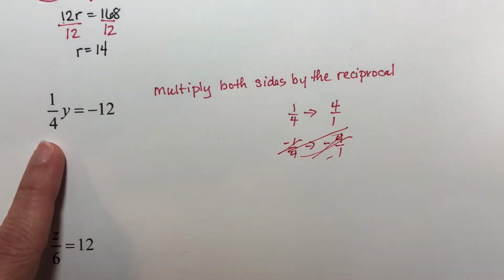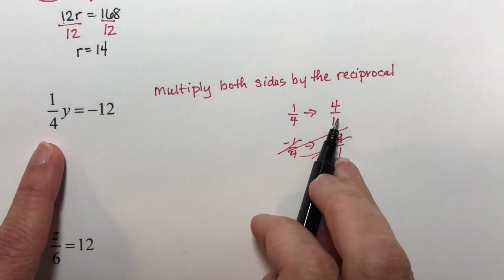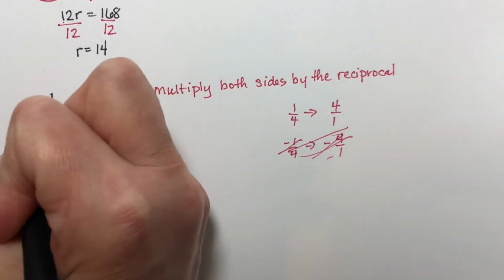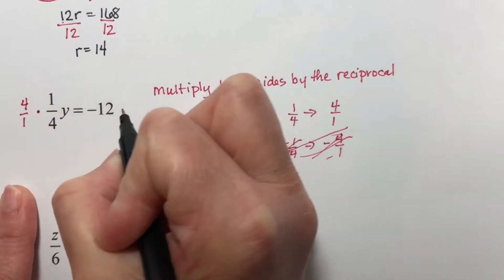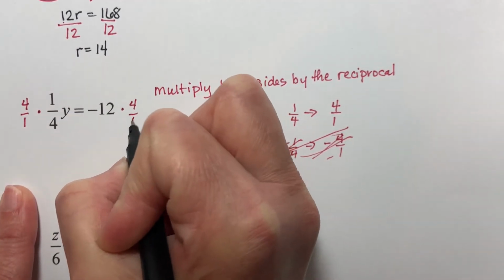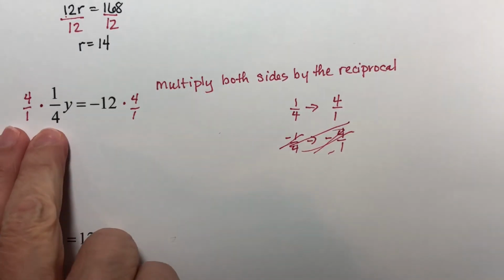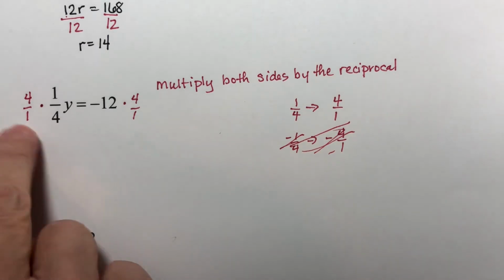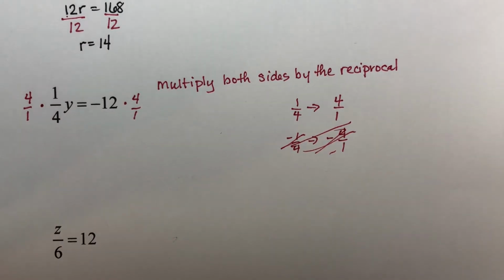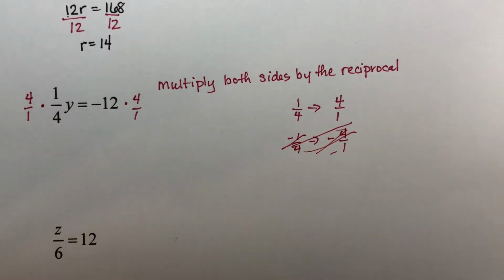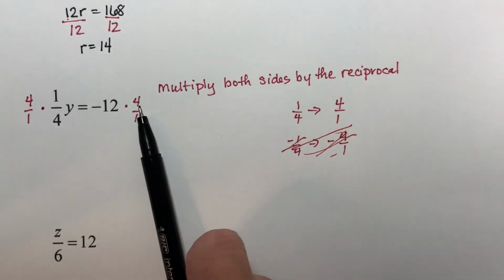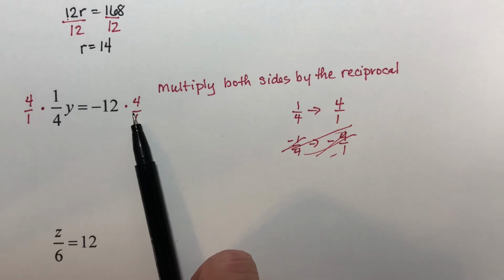That doesn't apply to this problem, though. Our reciprocal is 4 over 1, so I'm going to multiply both sides by 4 over 1. You can leave off the over 1 if you want to, it's just 4. When you're multiplying fractions, it's easy to keep the over 1 so you can see how they work. If you're multiplying by a whole number, it's maybe less confusing to leave off the 1. It's up to you.